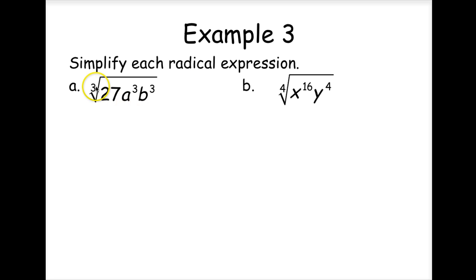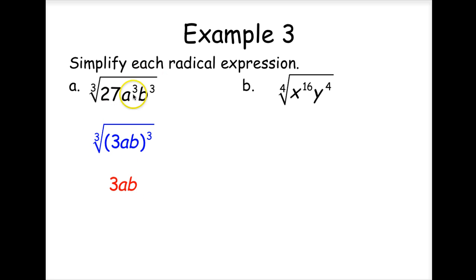Okay, so we've got an odd index. What number times itself 3 times gives us 27? 3. We can rewrite this as 3ab to the third power, right? Now we have the same exponent as we do index, so that means our answer is just 3ab.